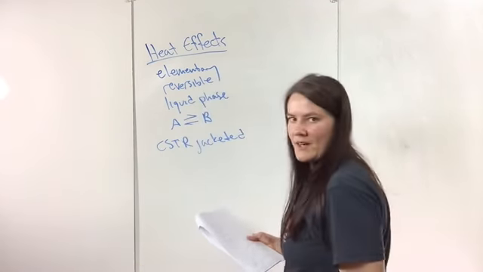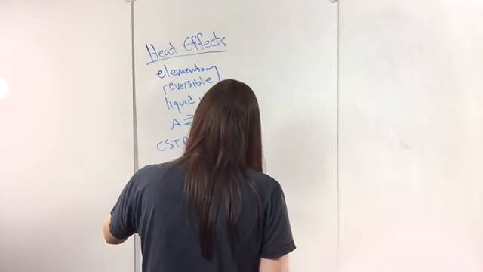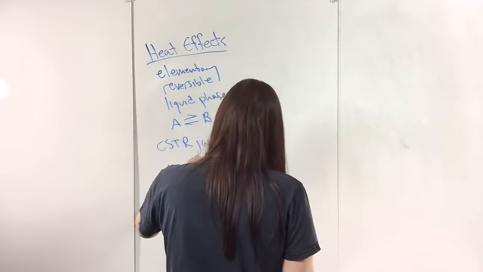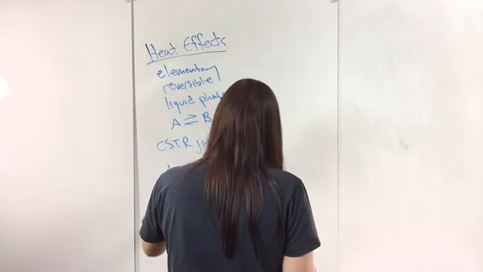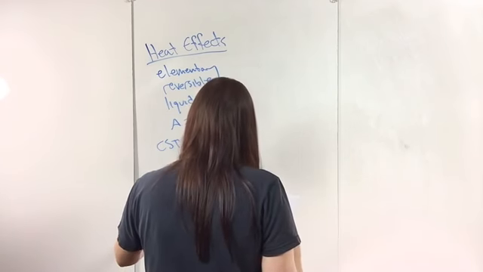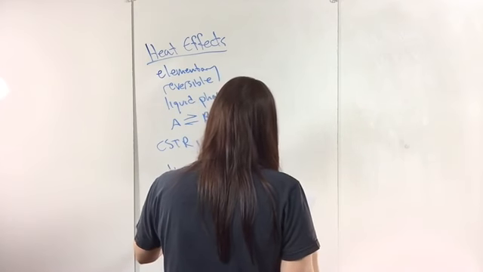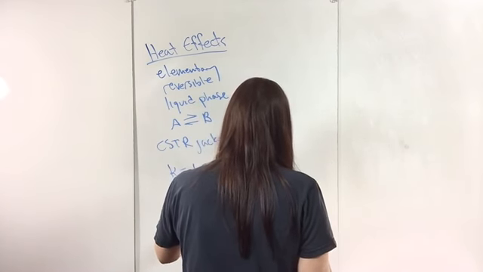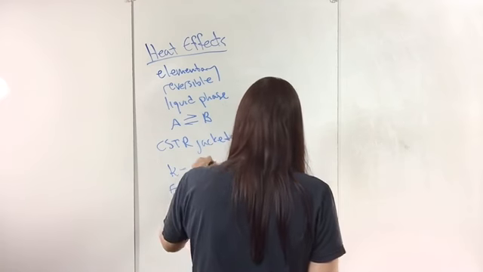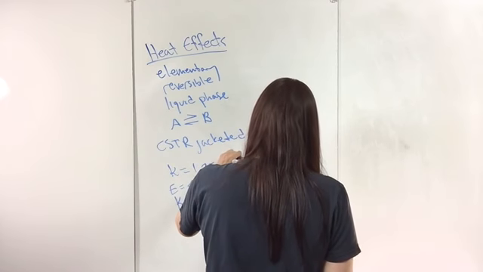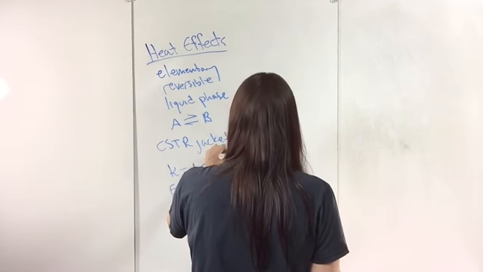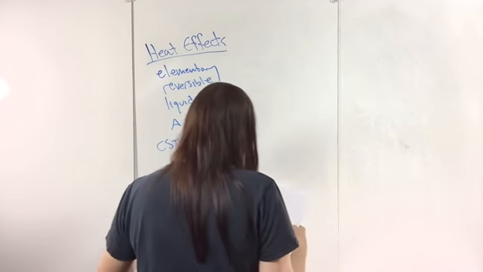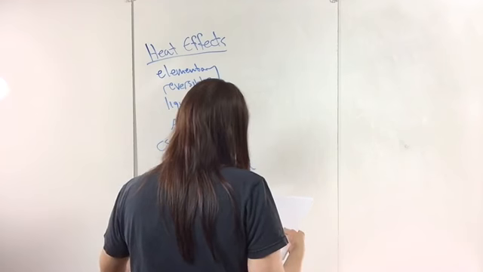First of all, you have pure A that enters, and K is equal to 1.25, E is equal to 40,000, your equilibrium constant is equal to 75 at 120 degrees C, and this one is at 27 degrees. This one's at 100 degrees C. I'll just write down what you have.